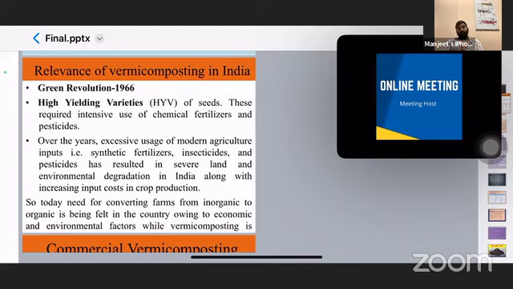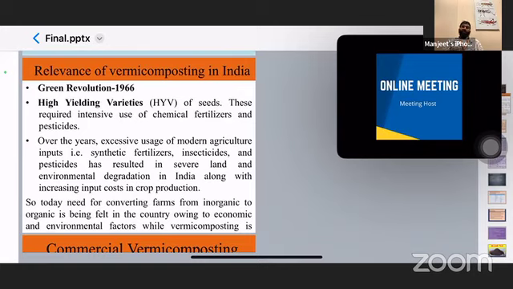So today, the need for converting farms from inorganic to organic is being felt in the country, owing to economic and environmental factors, while vermicomposting is critical for the promotion of organics. As you know, the Government of India is also promoting organic Paramparagat Krishi and natural farming. So this is one component of natural farming.